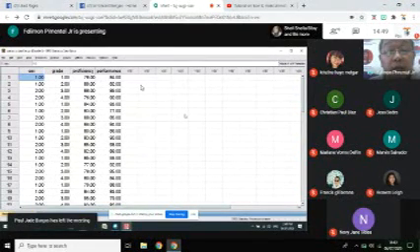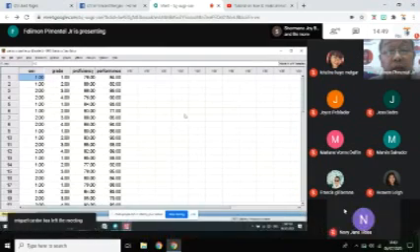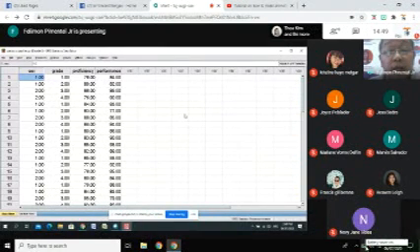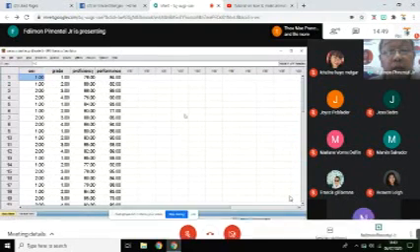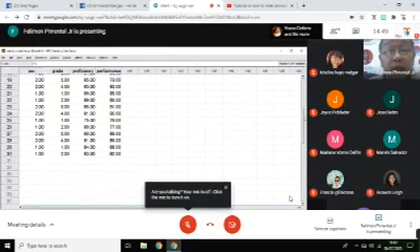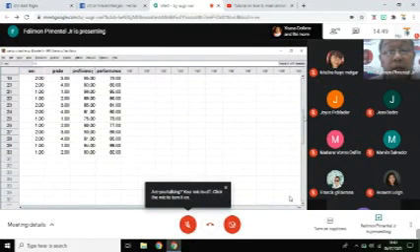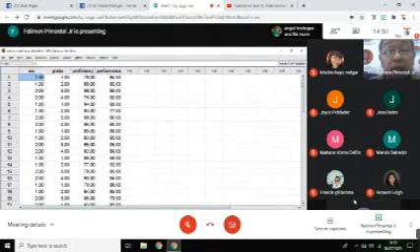If it is not normal, it simply means that we can use non-parametric analysis. Take note that our data is 30, no? But let us assume that it is less than 30 so that we can make use of the non-parametric.